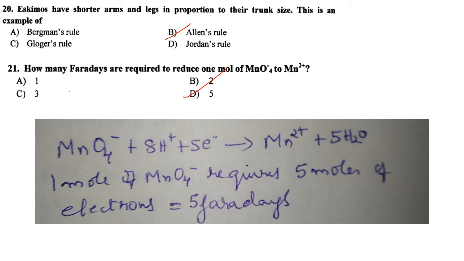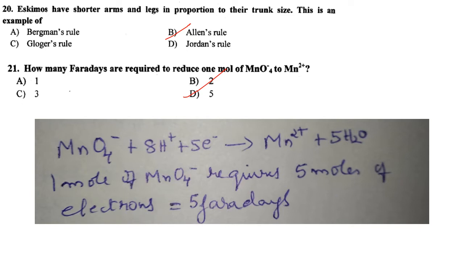Then what does Jordan's rule say? It is an ecogeographical rule that describes the inverse relationship between water temperature and meristic characteristics in various species of fishes. The most commonly observed relationship is that fin ray, vertebrae or scale numbers increase with decreasing temperature.